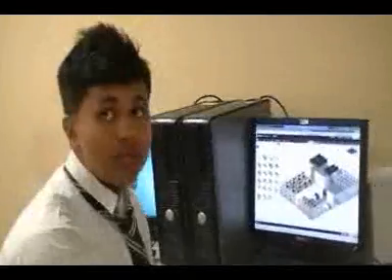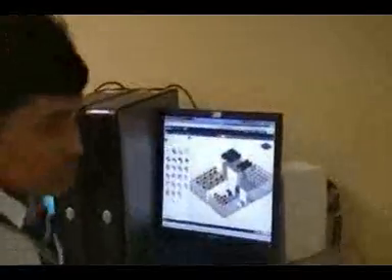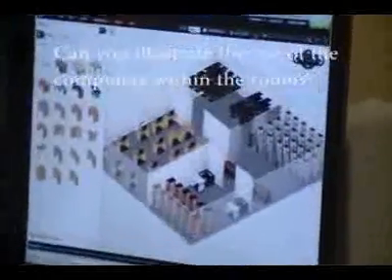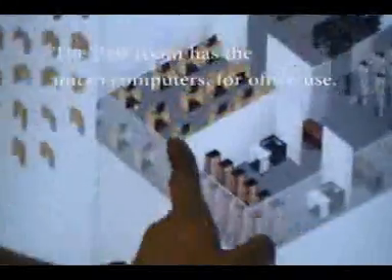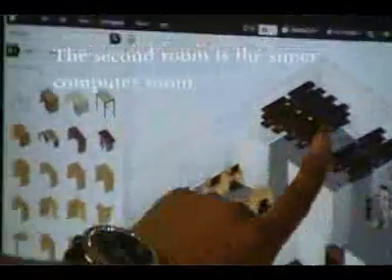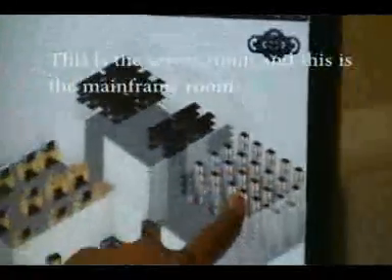Daniel Sudu, I think. Yeah. So your room, you could illustrate what computers in which room? First room here is the microcomputer room. It has only personal computers for office use. The second room is the supercomputer room. This has only supercomputers, like the main and study business. This is the mini server, the mini computer.